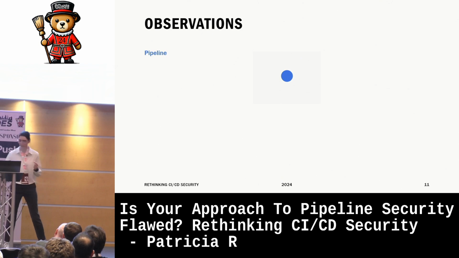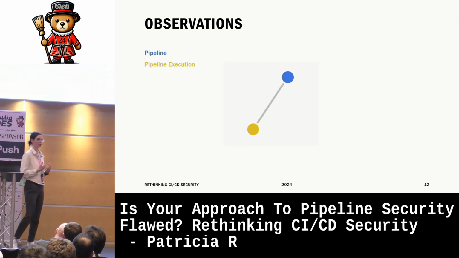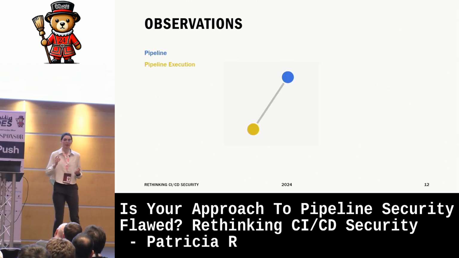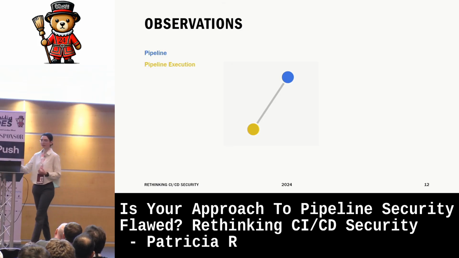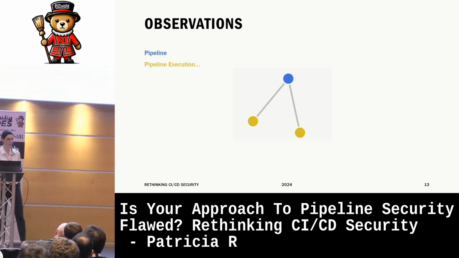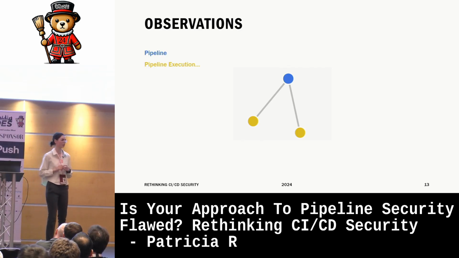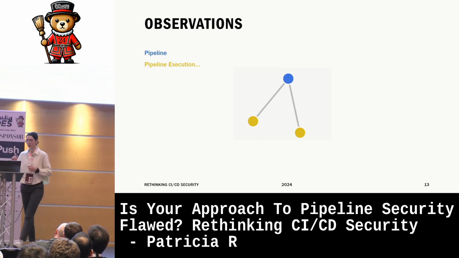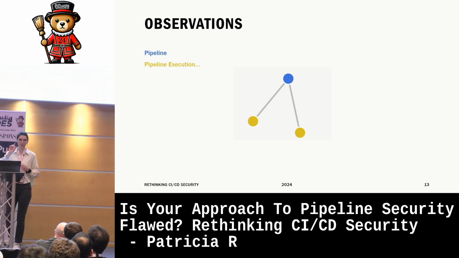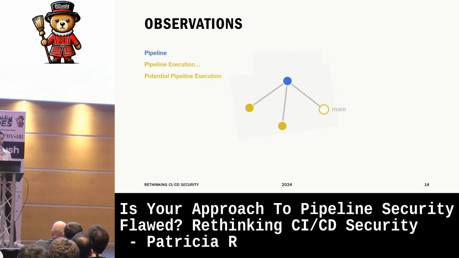When you run the pipeline, you create a pipeline execution, the yellow dot. And if you press the button again, you're going to create another pipeline execution associated with the same pipeline definition that I have there. And now imagine you're about to click the button again to run, but you haven't quite clicked it yet. You have a potential pipeline execution.